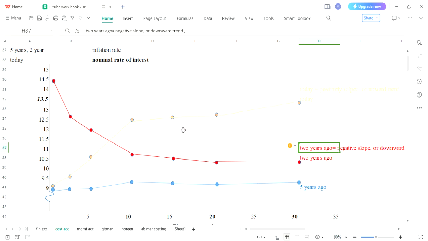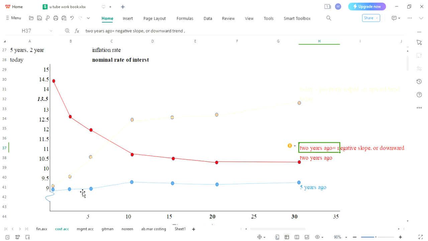Negatively sloped or downward trend. What does that mean? It means as you are increasing your time period, your rate of interest is dropping. Understood? And for orange, what we have decided is positively sloped. It means as your time period is increasing, your rate has increased. Okay, for the last 5 years, it is almost a flat sort of track, because it is neither increasing at a higher rate nor decreasing at a higher rate.